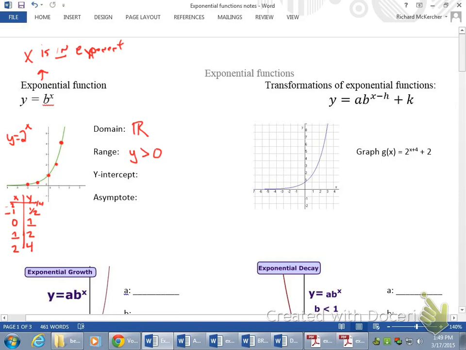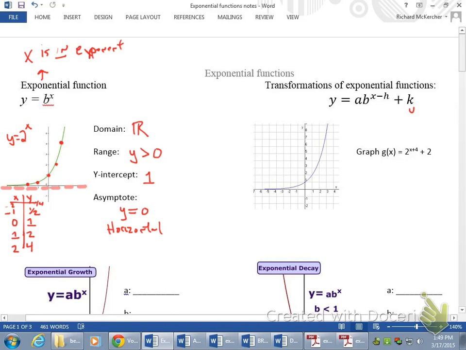So the range is always greater than 0. The y-intercept is clear to see. It's a 1. And the asymptote is a horizontal asymptote. Remember, it doesn't actually touch 0, so that tells me there is an asymptote.